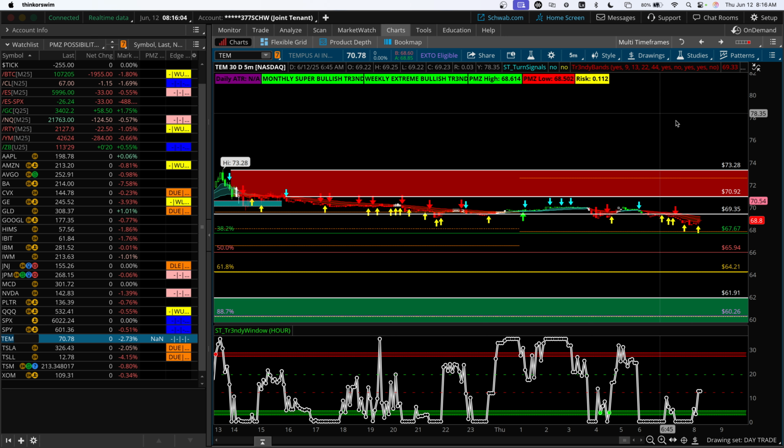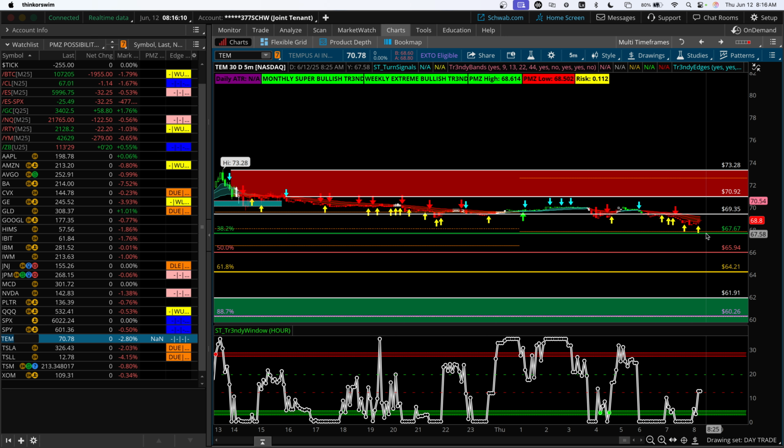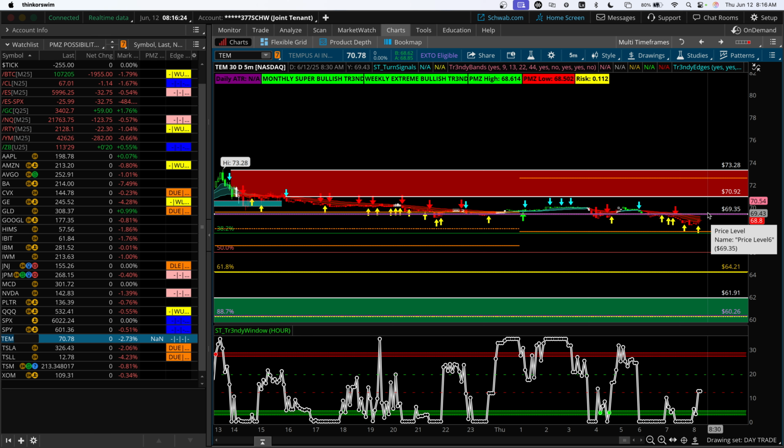I'm going to use that 50-cent risk, so at least 50-cent risk. So I'm going to use 67.67 for a stop if I go long above 68.61. And then for a stop, if I go short below 68.50, I would use this 69.35.